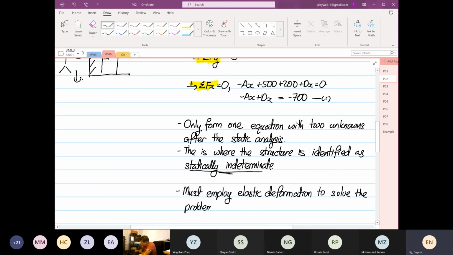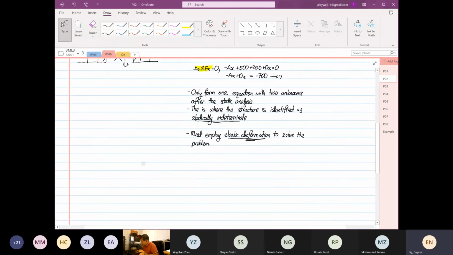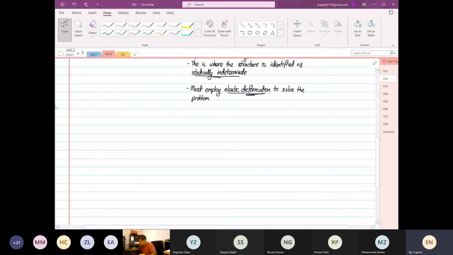So remember last week when I started the class, I mentioned what? We are going to combine both static analysis and elastic deformation to solve for structures. And this method of solving structure reaction forces can solve a lot of complex loading. So it's like the ultimate analysis that you need to know.